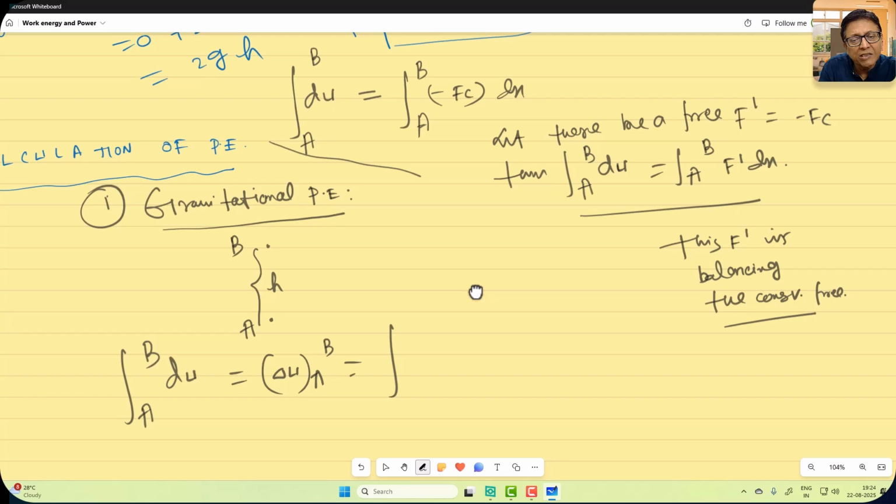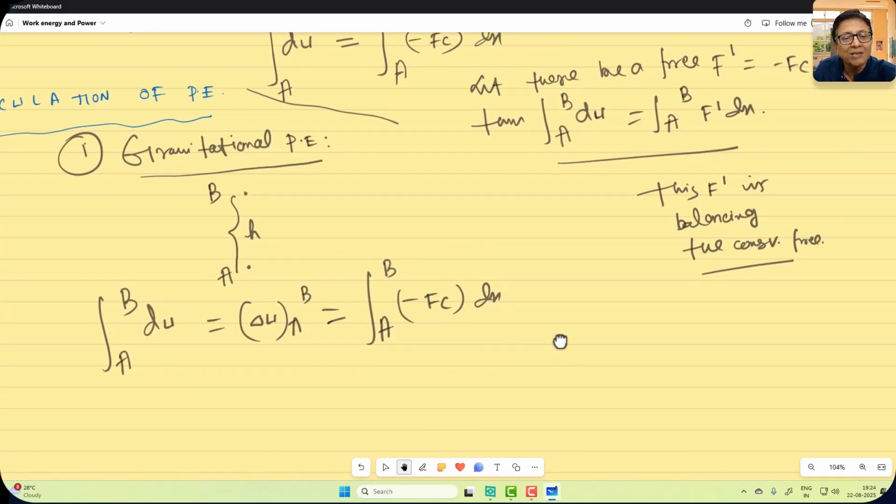Use the definition. This definition you will never forget, I am telling you. This is very important. Understanding of electrostatics will not be possible without knowing the true concept of conservative force and work done.